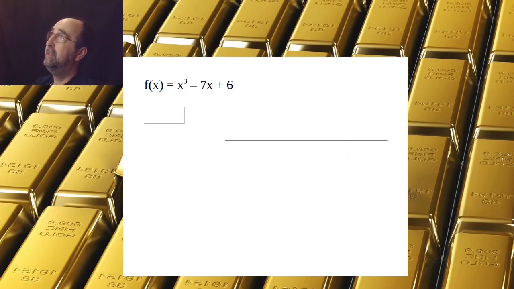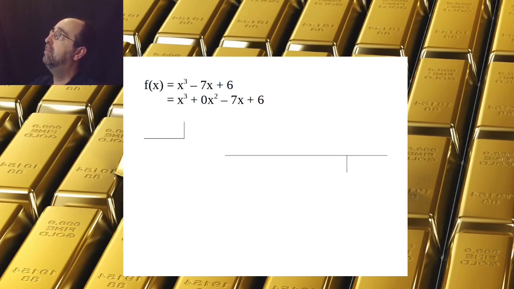I've put an empty pattern here that's used to fill out in order to carry out the process called synthetic division. And it's easier to fill out these numbers if we have all of the powers of x shown, including missing powers of x.